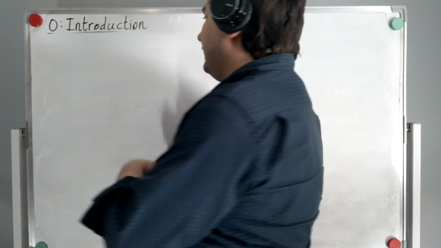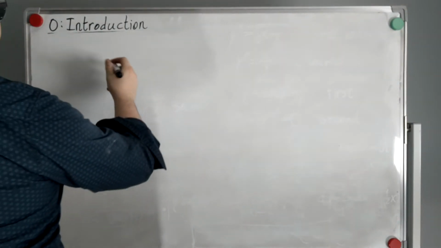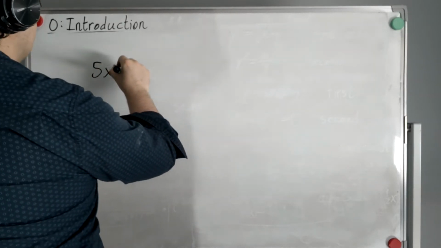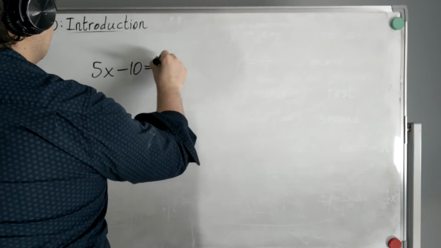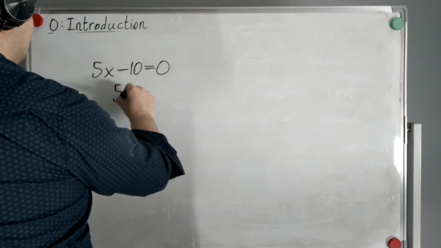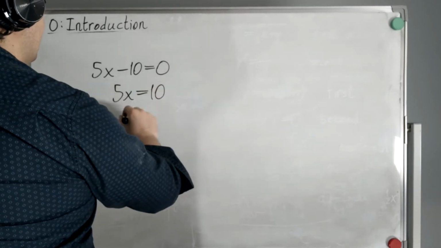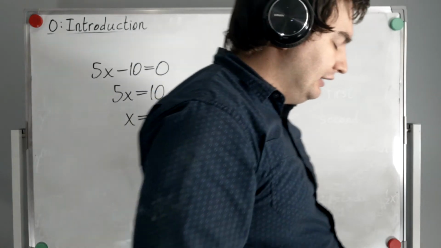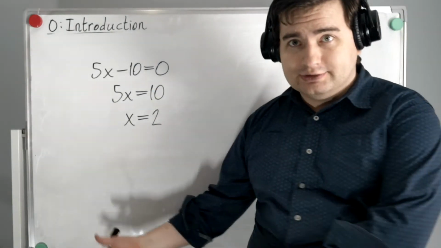So, for an algebraic equation, in the past, you had something like 5x minus 10 equals 0. And you solve this by adding 10 to both sides, and then dividing both sides by 5, and then you get x equals 2, and then you're done. That's the answer, right?